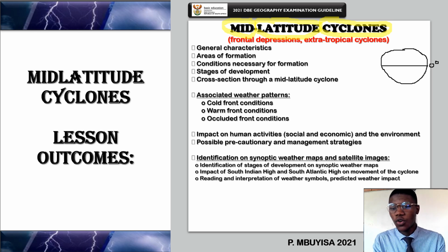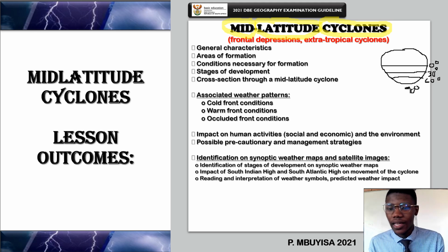Guys, forgive me for the skewed writing, I'm using a mouse to write. We have other lines of latitude. So we have the 30-degree line of latitude, and we have the 60-degree line of latitude. Let me just briefly outline that. And there at the poles, we have the 90 degrees.